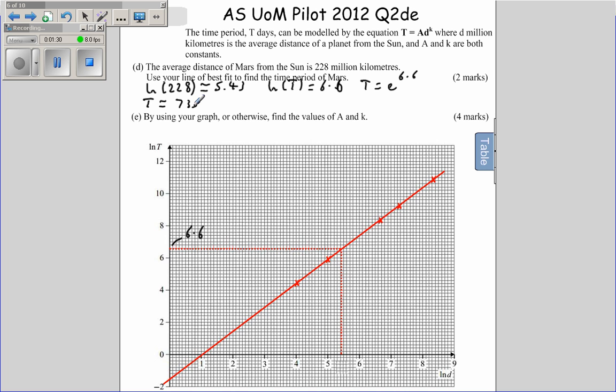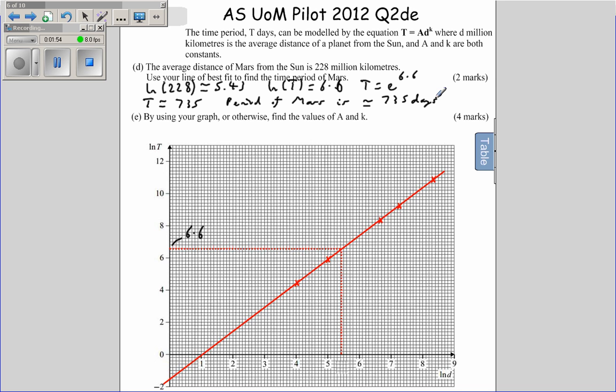To write it out in full, we can say the period of Mars is approximately 735 days. That's all that's needed for that part of the question.